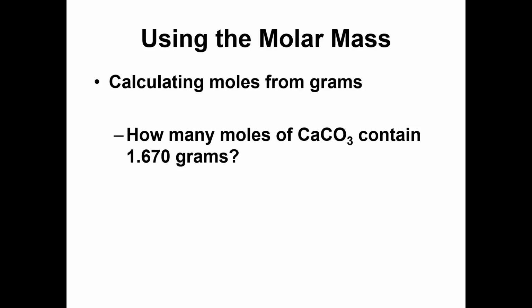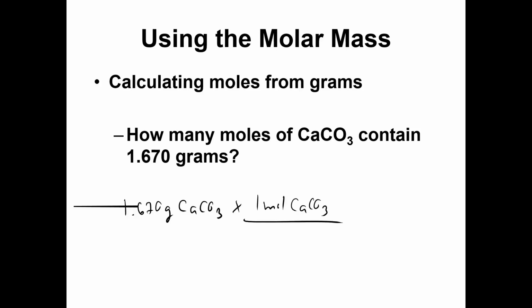Okay, one more. How many moles of calcium carbonate contain 1.67 grams? So 1.670 grams of calcium carbonate times 1 mole of calcium carbonate divided by 100.09 grams of calcium carbonate equals 0.01668 moles of calcium carbonate.